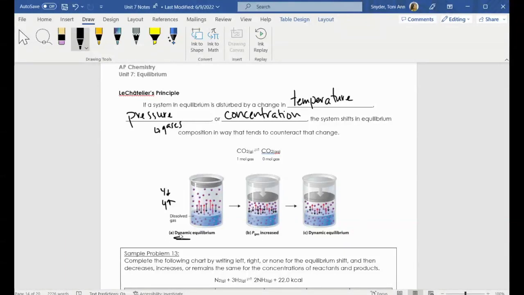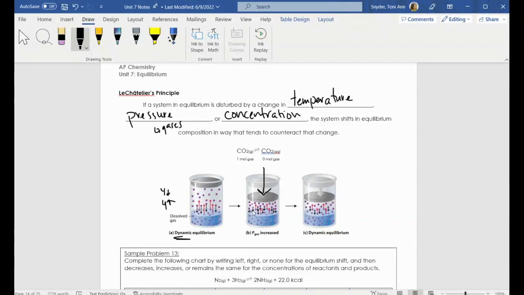Let's say, however, that I take this top part and I increase the pressure. So I apply some pressure to this top part, right? What's that going to do? That's going to stress the system out, right? Initially, it's going to stress it out. So what's going to happen is it's going to force some of that CO2 gas to go into the solution. It's going to force it to become dissolved.